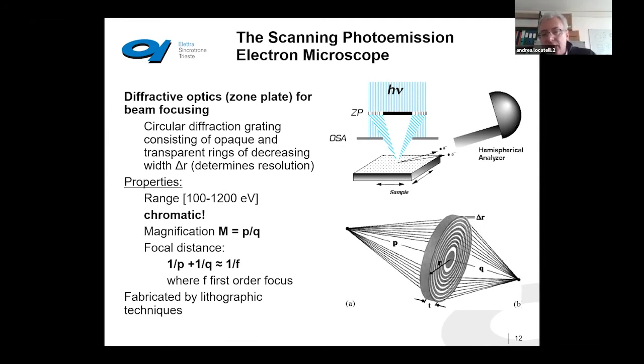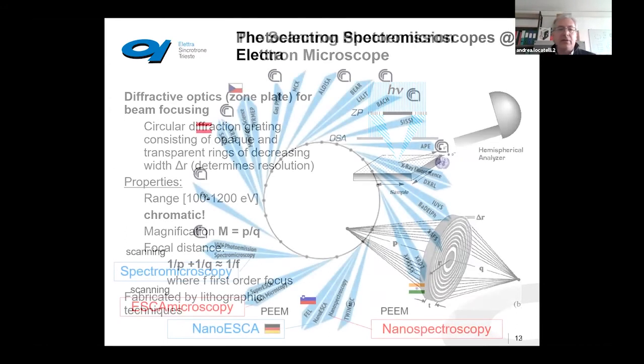But the resolution is really determined by how thin you can make these concentric rings, which are fabricated by lithographic techniques.